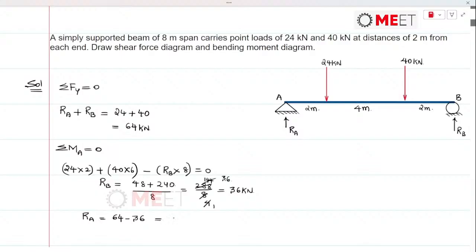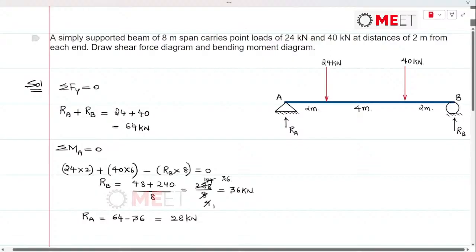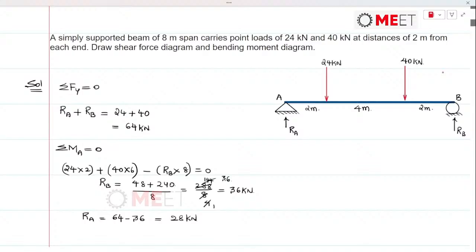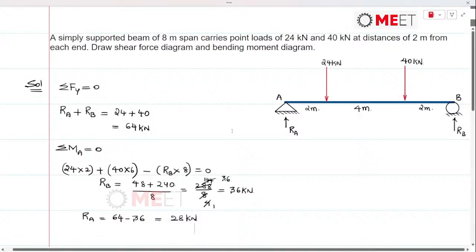So this is equal to 28 kilonewtons. Here we find the 40 kilonewton point load is nearer to RB. So that signifies that RB will be greater than RA. So the higher point load nearer to that support will give us the maximum value of the reaction force.